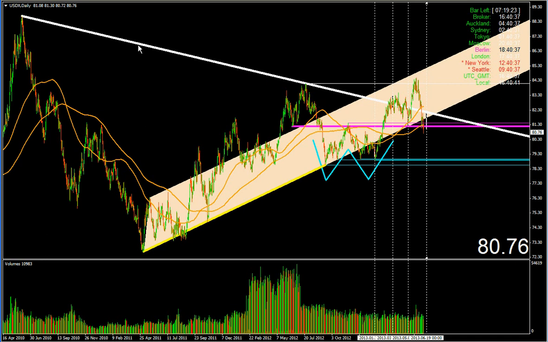Because if we break this upside or downside trend from the highs of 2010 and 2012, with the lows of 2011 and 2012, and if we get support, or let me explain another way, if Mr. Bernanke doesn't give me a reason to sell the dollar again, then all bulls could have a good re-entry.